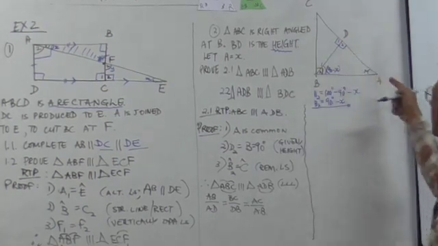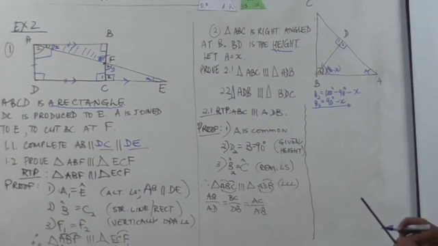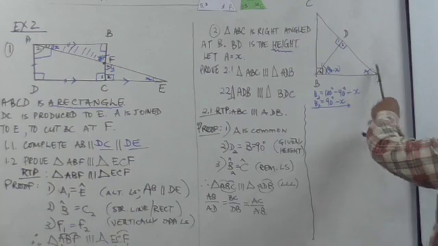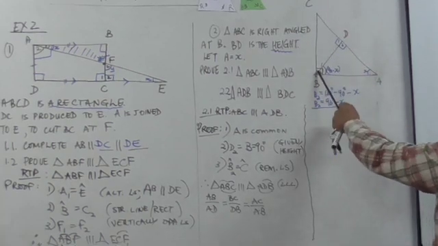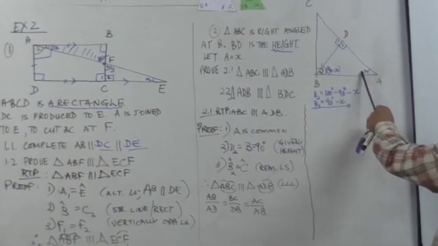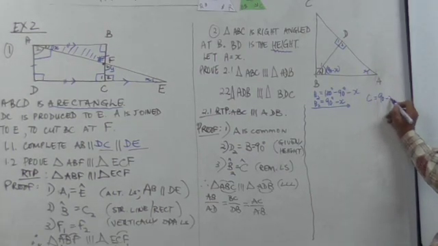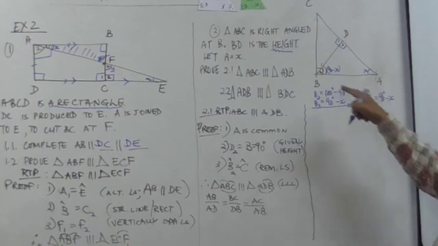So you're looking at the small triangle. Now when you look at the big triangle, this is 90 and this is X. Therefore angle C is also 90 minus X, just like this.